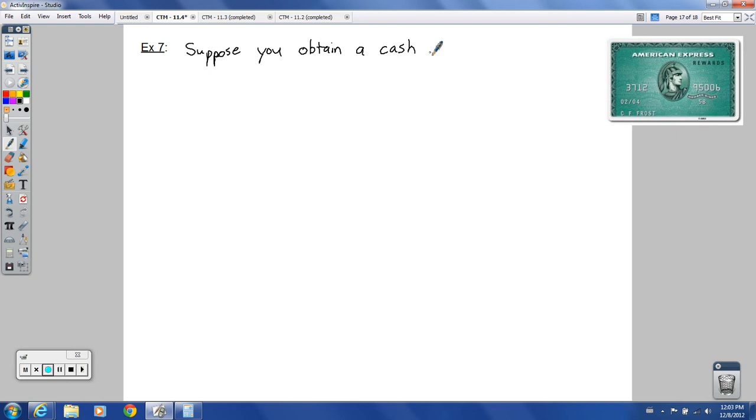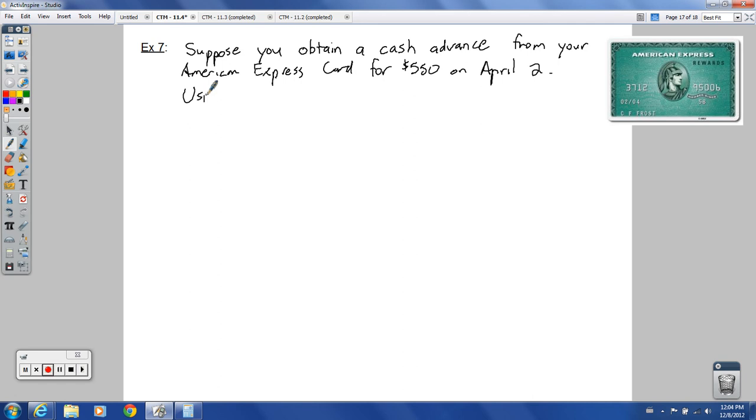Suppose you obtain a cash advance from your American Express card for $550 on April 2nd. Now we're going to use table 11.3 again, so we're going to refer back to that credit card rate value.